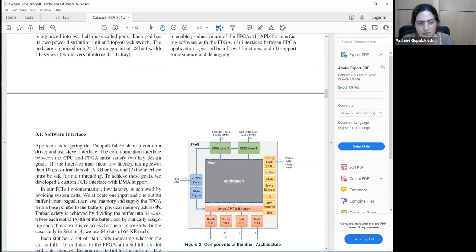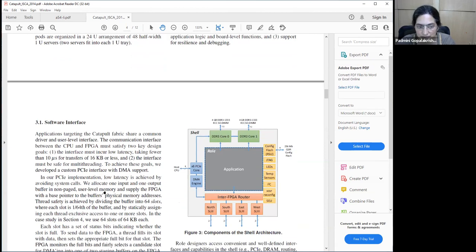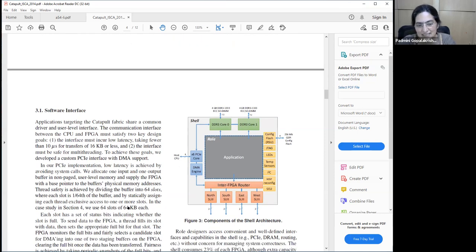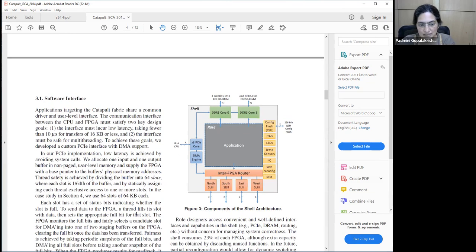Basically they get this low latency by completely avoiding system calls and by doing a lot of static allocation. And then they get thread safety by taking a buffer, which is divided into 64 slots. So you can support 64 threads. Each thread gets a static assignment to a slot, and in the study used in the paper, each slot has 64 KB. Then there is some handshaking for the slot.